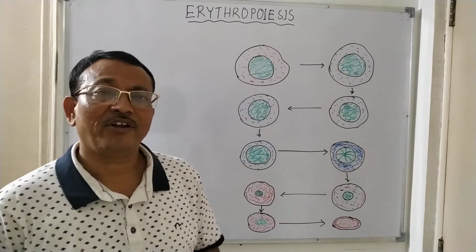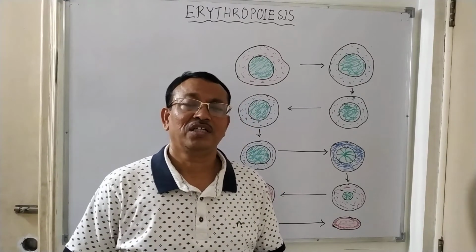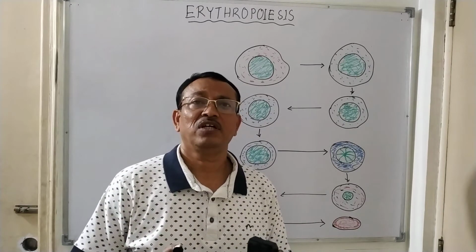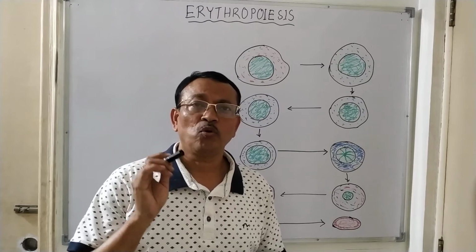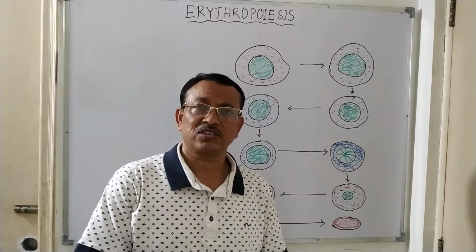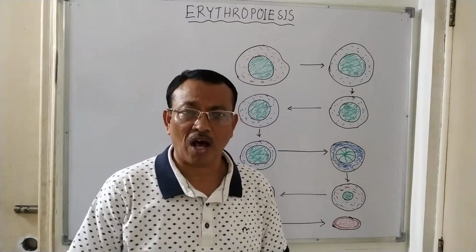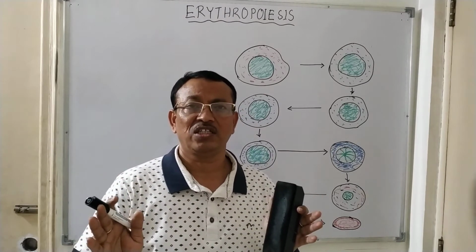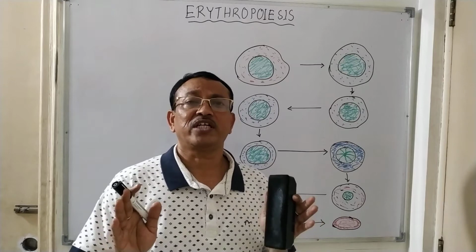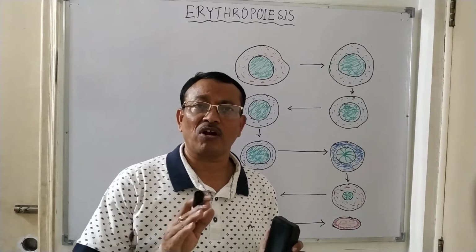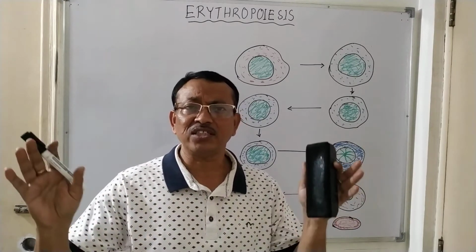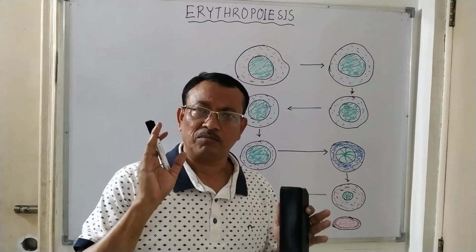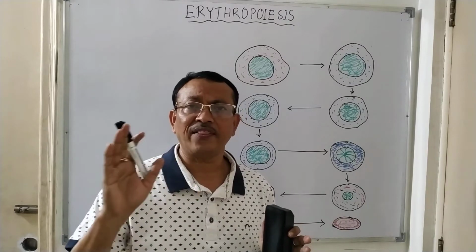In my earlier video, I talked about the general outline of hematopoiesis. That means from the pluripotent stem cells or from the hemocytoblast, which has the multipotentiality, that means the potentiality to develop into different series of blood cells: RBC, WBC and the platelets.